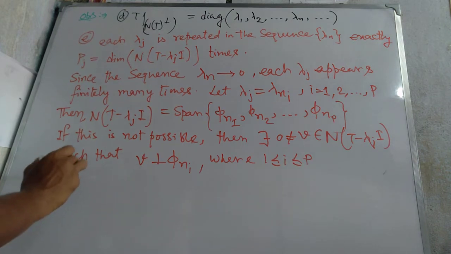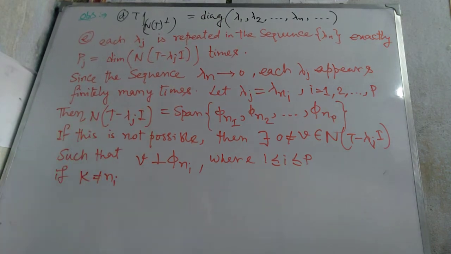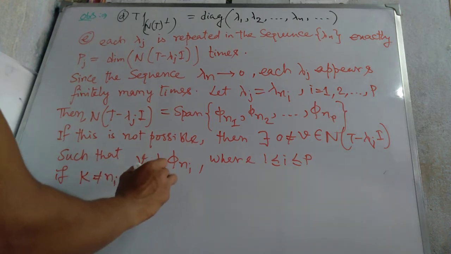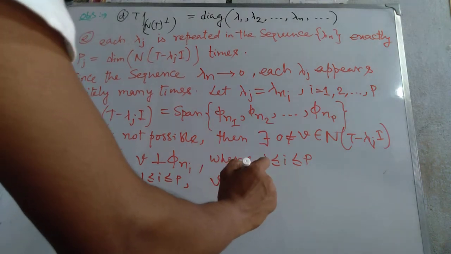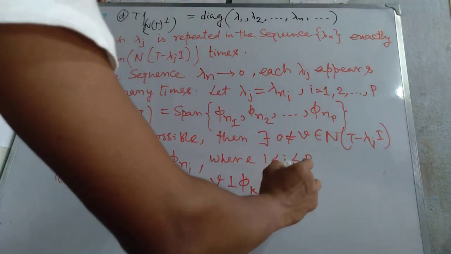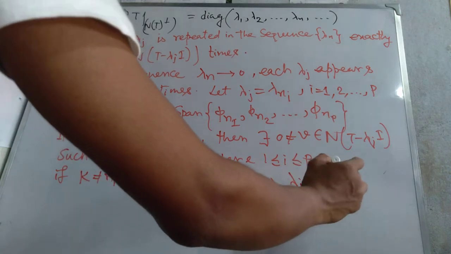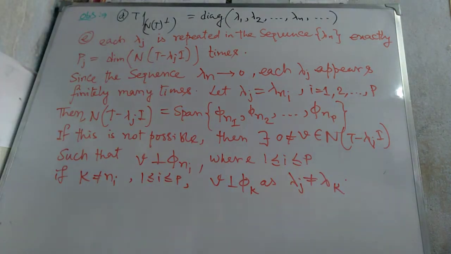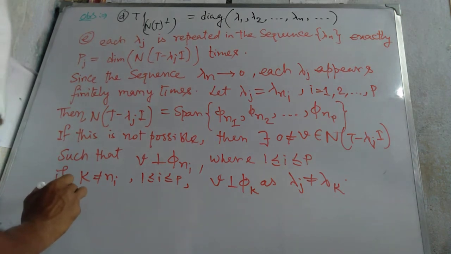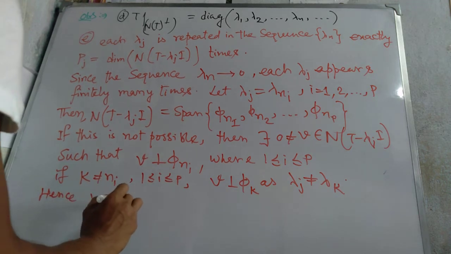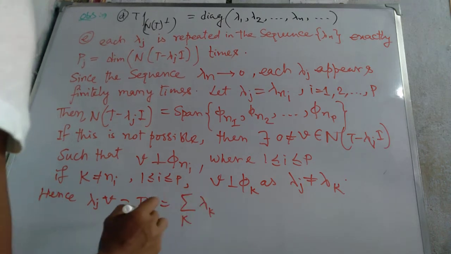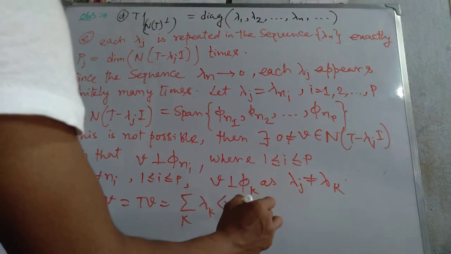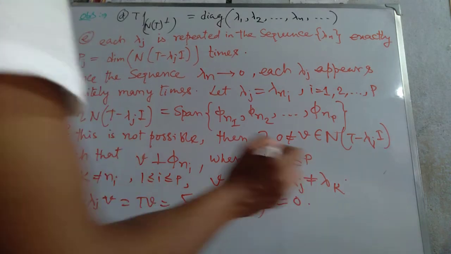If k is not equal to n_i, then v is perpendicular to phi_k, as lambda_j is not equal to lambda_k. Hence lambda_j v equals Tv equals the summation of lambda_k <v, phi_k> phi_k, equals 0.